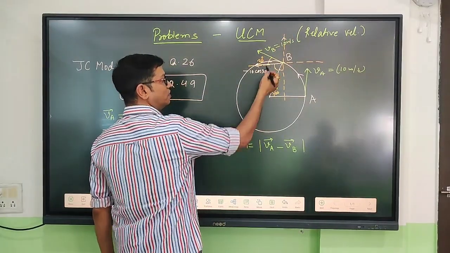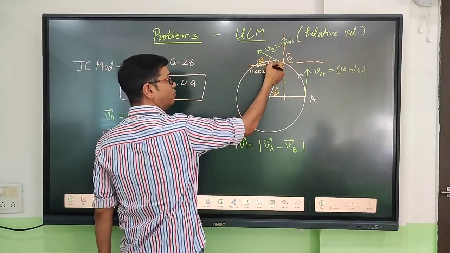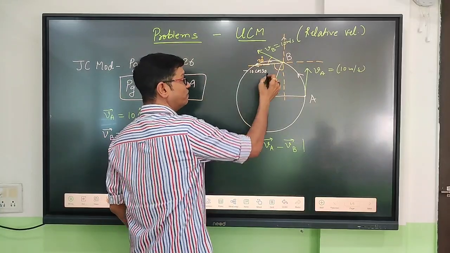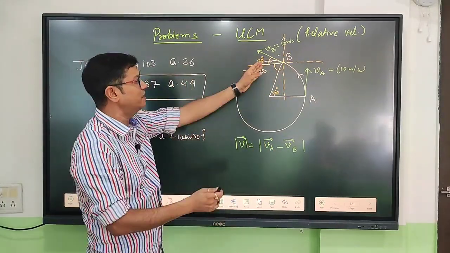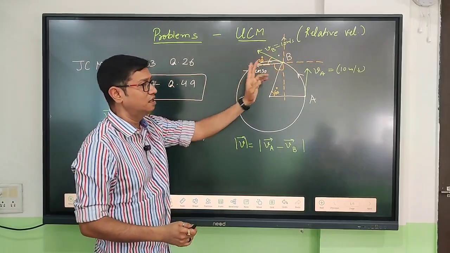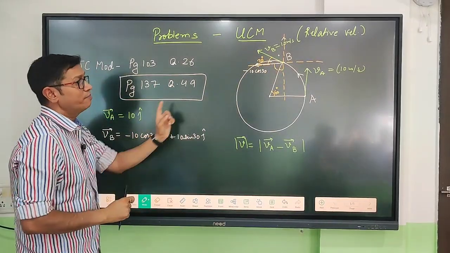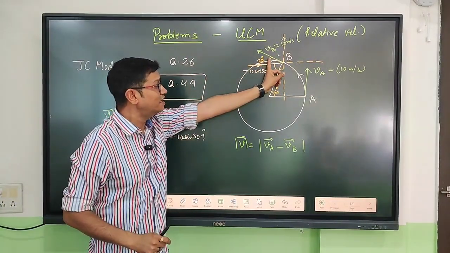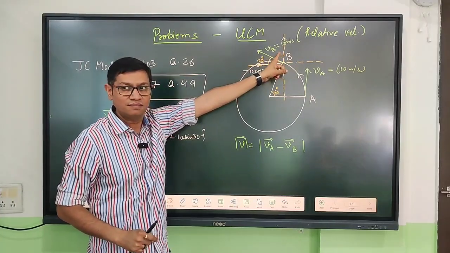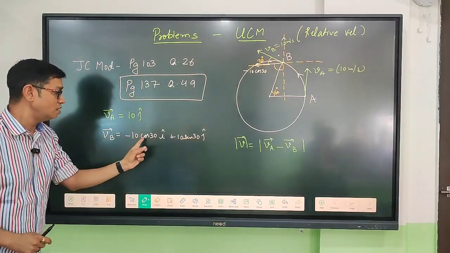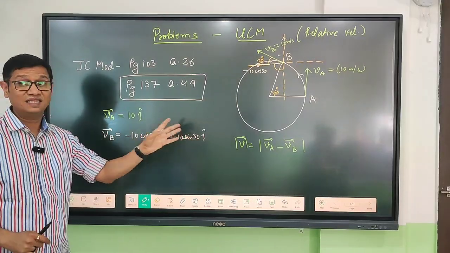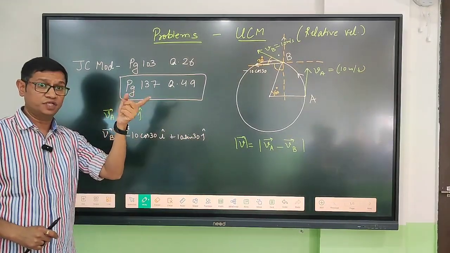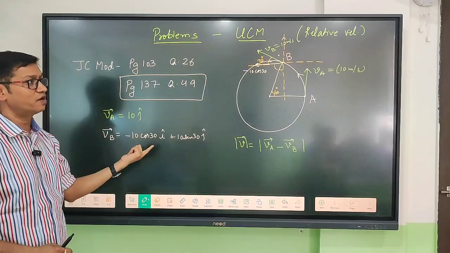This will be a sine. The angle would be 30. Achha, if someone finds this angle as 60, let's say when you're doing the problem, instead of finding this angle, you figure out this angle 60. Nothing will change here because in that case you will write 10 cos 60, right? 10 cos 60 J cap. So cos 60 and sin 30 are same. Cos 60 is 1 by 2, same as sin 30, and this will reverse.